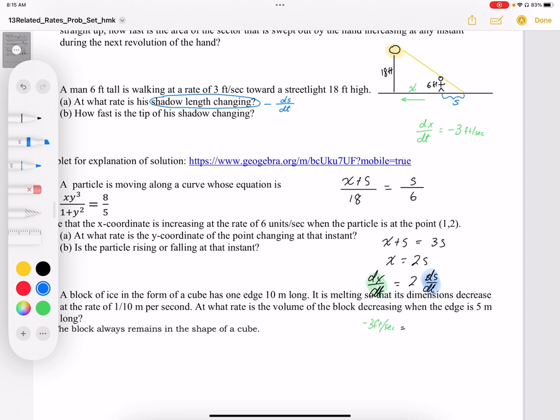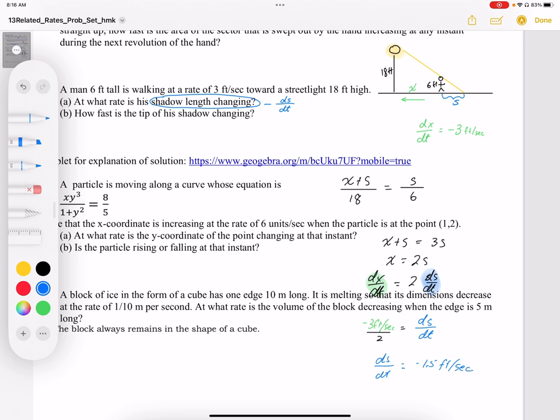So I'm solving for ds/dt, and I'm going to divide both sides by 2. So my ds/dt is equal to negative 1.5 feet per second. Okay, so that's part A.